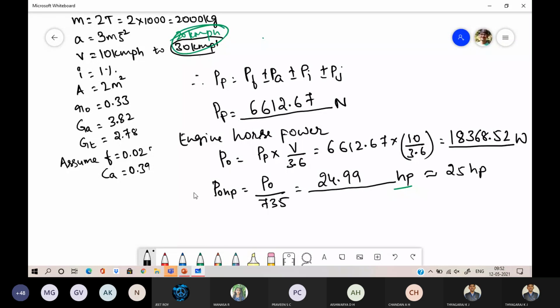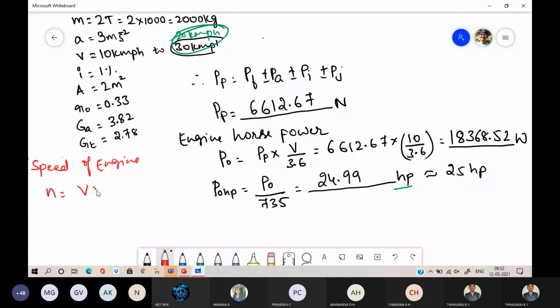Now, other than this, they are asking the speed of the engine. So write the formula for speed of the engine.